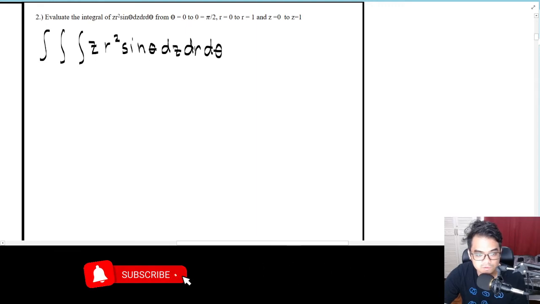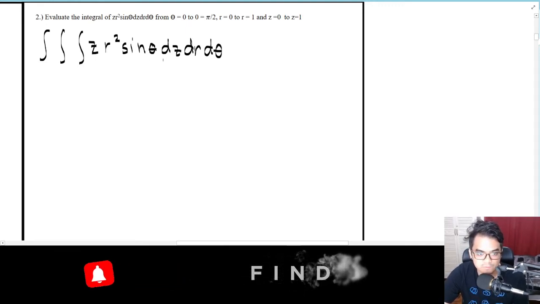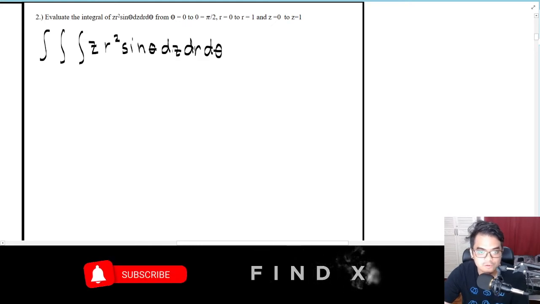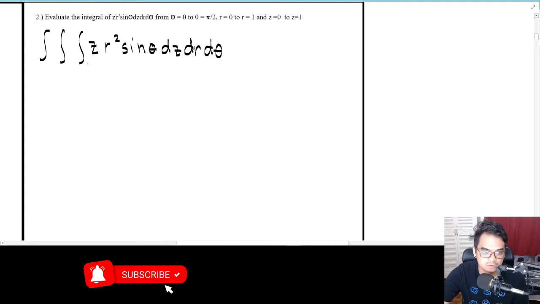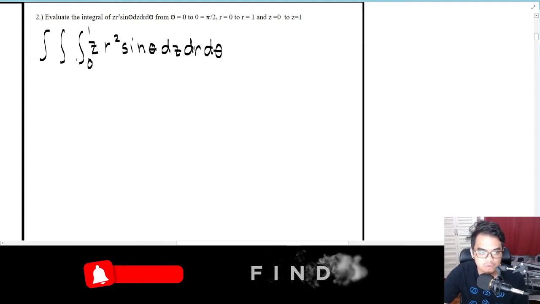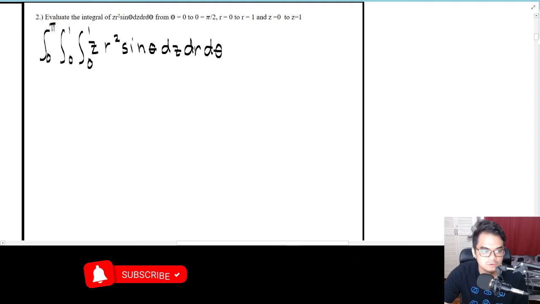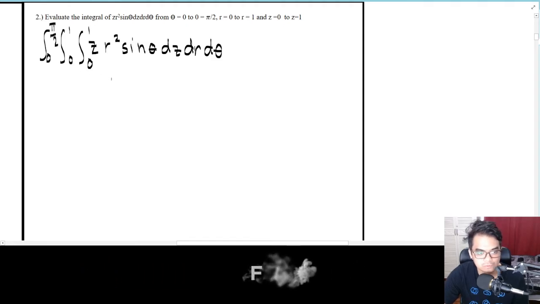Since the first one is dz, again you have to start from the innermost part or the core. For dz, we first write the limits, which are 0 to 1, and then r will be 0 to 1 also, and for the last part, d theta is 0 to pi over 2.